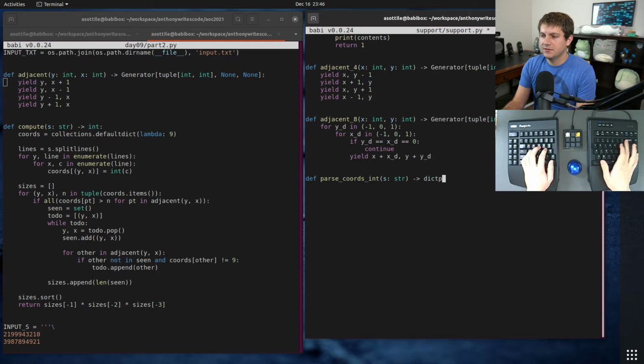Dict. Tuple int, int. We probably also want min max, maybe. Tuple int or max. Yeah, that seems fine. To be fair, this is also AOC.